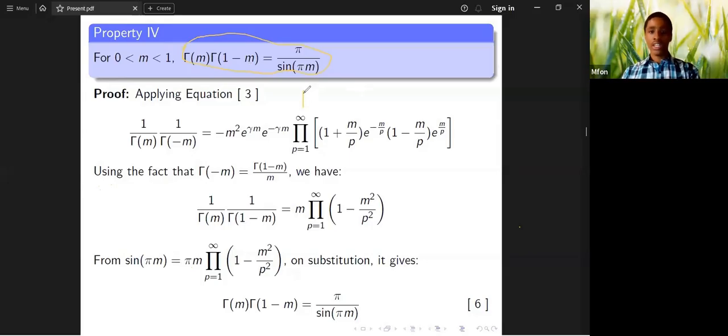When we do this, we get gamma of half times gamma of 1 minus half, which will be equal to pi over sine pi over 2.